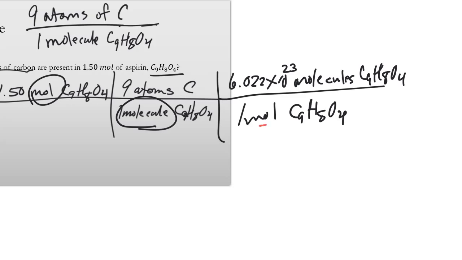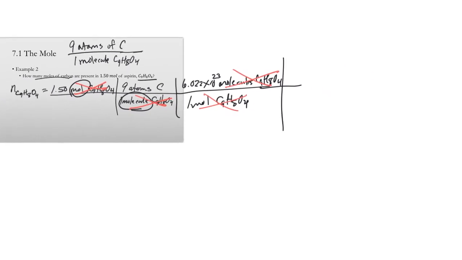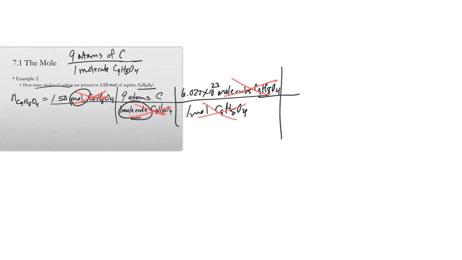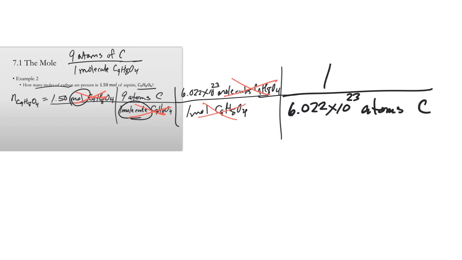And so we'd actually have molecules of aspirin canceling out, giving us atoms of carbon. But what we also need to do is convert atoms of carbon into moles of carbon. And so what we'd actually do is divide by 6.022 times 10 to the 23rd atoms of carbon per each mole of carbon. So you can see here now this atoms of carbon cancel out.